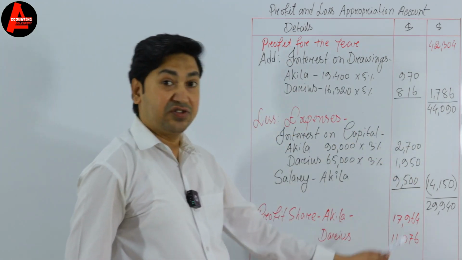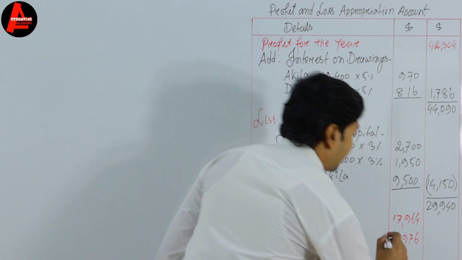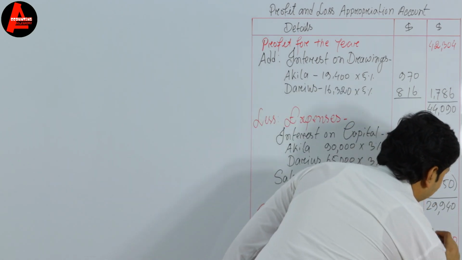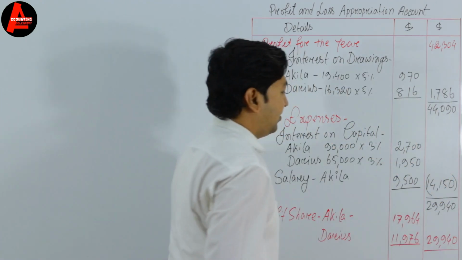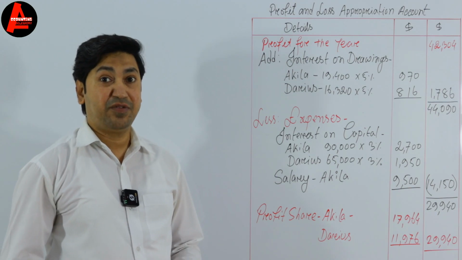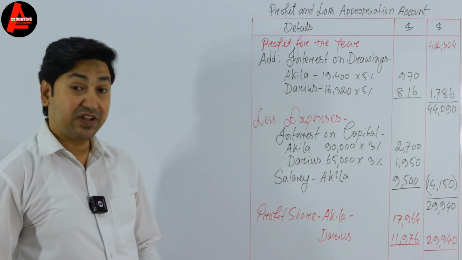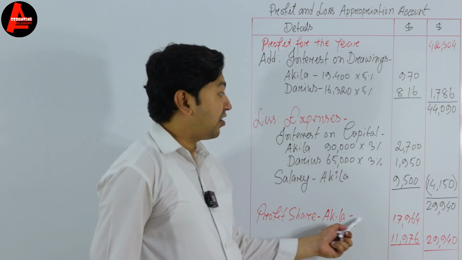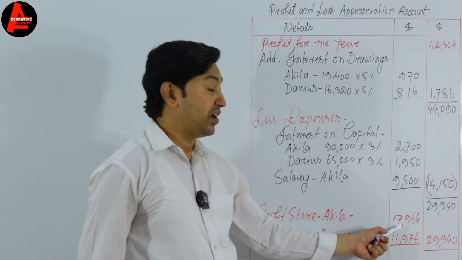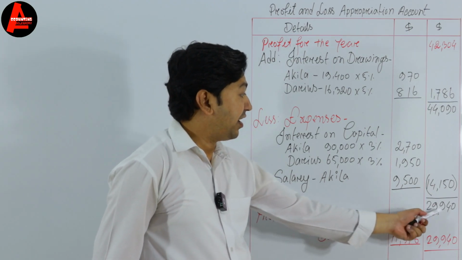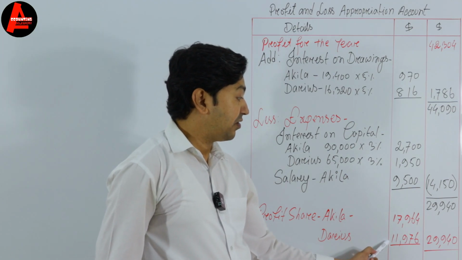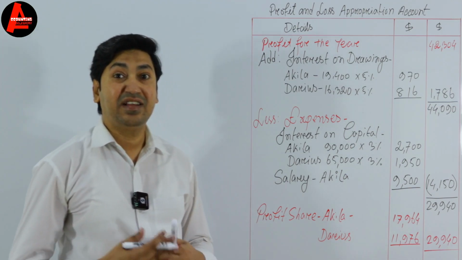Now if we add these two amounts, we get the same $29,940. This is how you need to prepare a profit and loss appropriation account. You can write the calculations here: 29,940 times 60% and 29,940 times 40%, which gives 11,976.